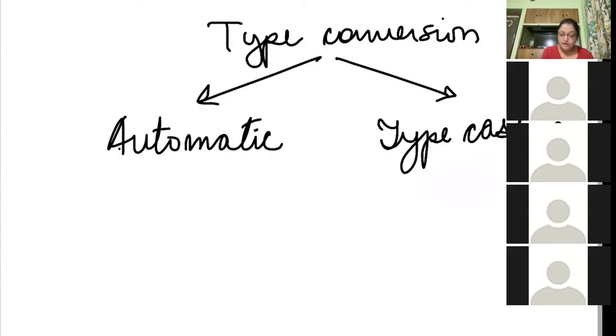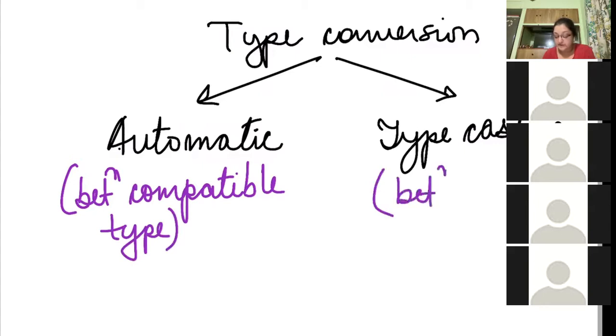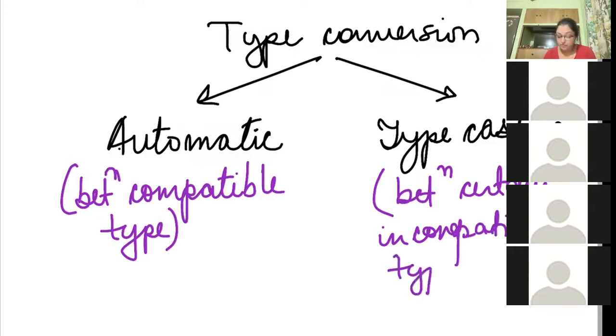Automatic type conversion is basically conversion between compatible data types, and typecasting is usually between certain incompatible types.